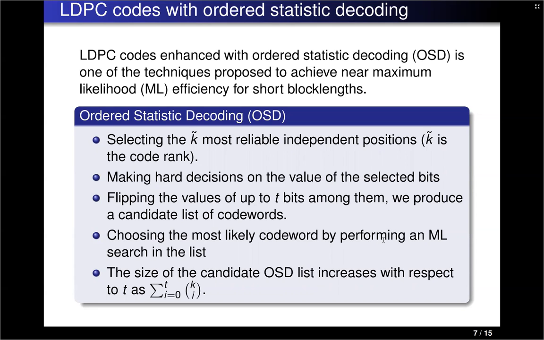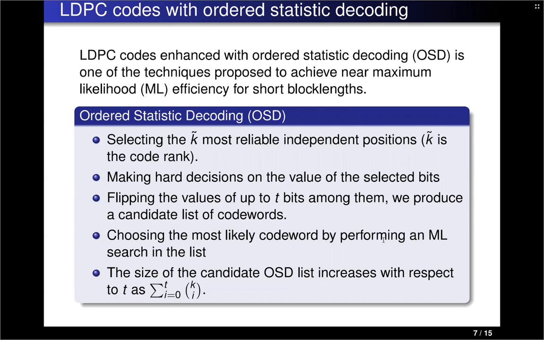And we make a hard decision on the value of the selected bits. We flip up to T bits among the selected bits, and we produce a list of candidate code words. And at the end, we pick the code word in the list by using ML search with respect to Bob's observation YB.